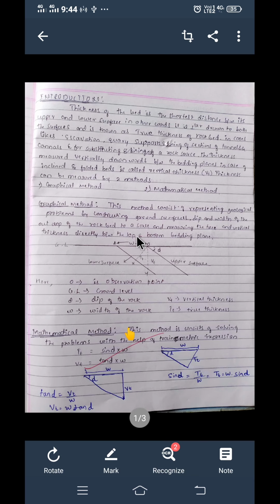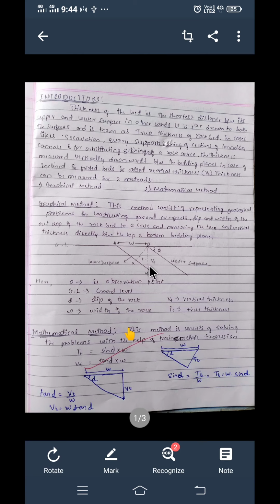Now, they are going to give the problem. In the problem they will mention the angle at which the rock bed has been dipped, and whether it is on the east, west, north or south side. They will also give the width of the rock bed so that we can draw it. Afterwards, draw a perpendicular and measure this distance.